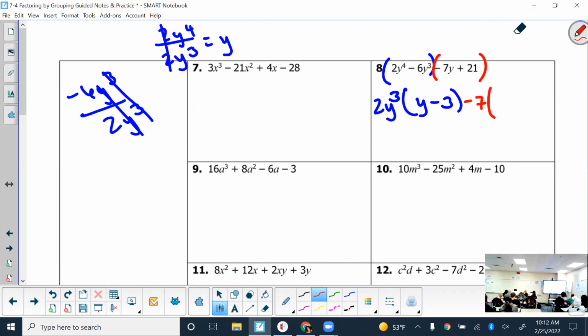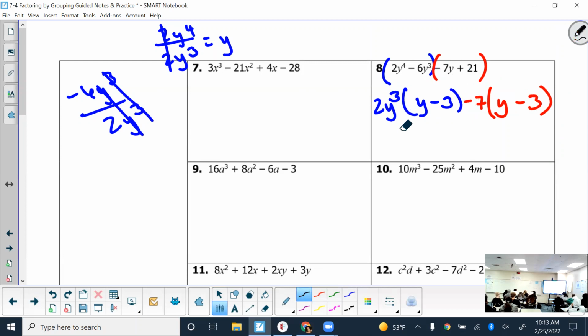If I factor out a -7, does that give me a common binomial? So what's -7y divided by -7? Positive y, and what's 21 divided by -7? So good. If you had tried a +7, you would have seen the signs are opposite. Just change the sign and that usually fixes it.